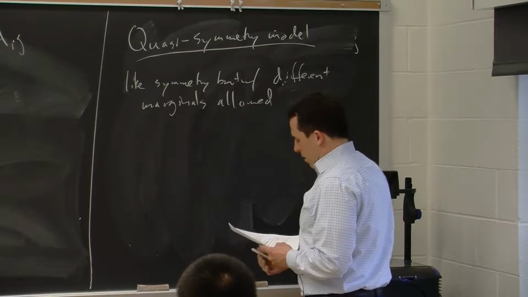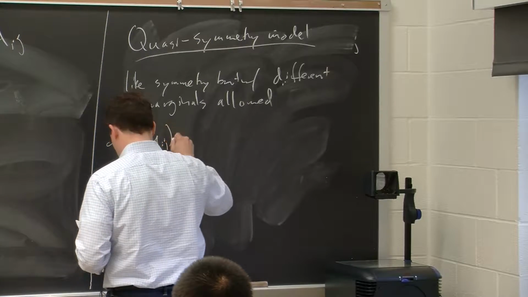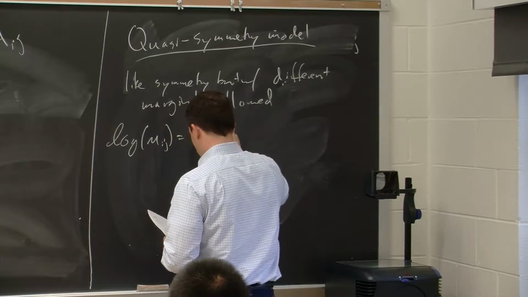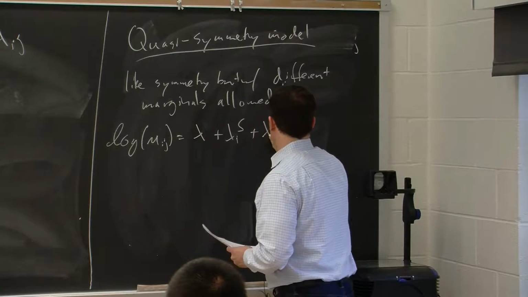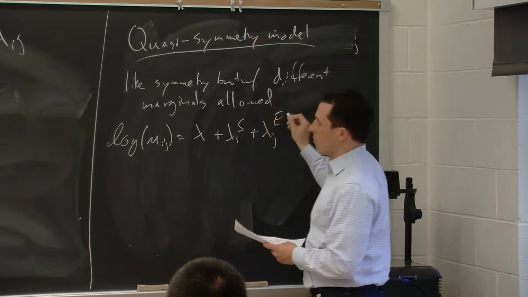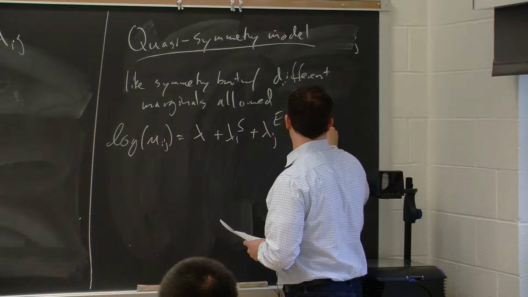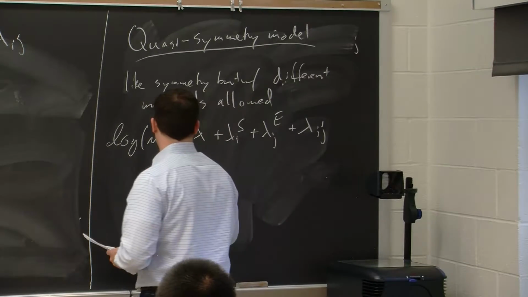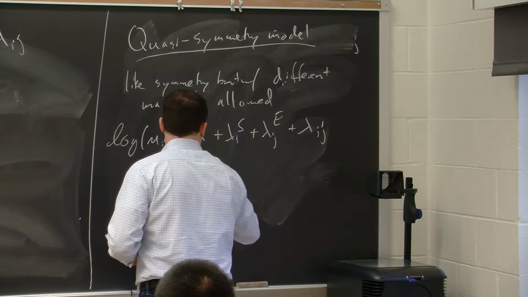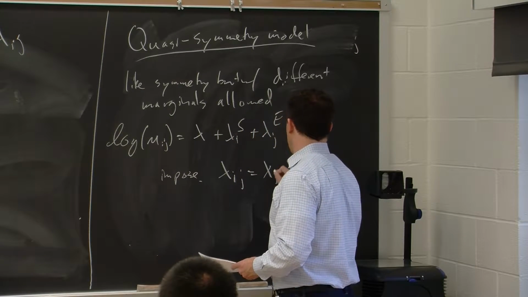Let's see what that looks like. For the counts, we have an overall term, we have separate marginals allowed for the rows and the columns for Siskel and Ebert, and then we have a dependence term. And we're just imposing that this dependence term has symmetry.